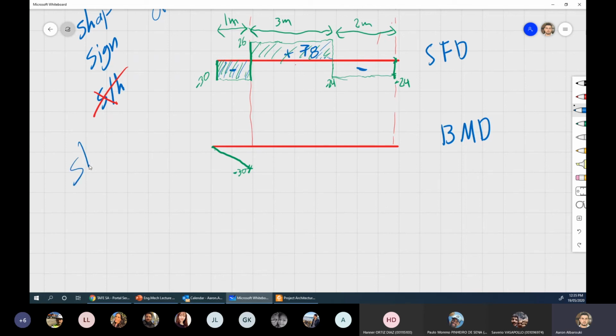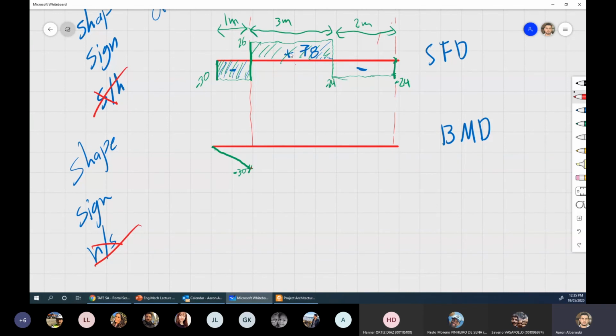The same thing, again: shape, sign, and if I have hogging or sag, which in our case will not apply because our shape is a line. But the shape is a diagonal line because I have a straight line that will produce a diagonal line. Starting from this point here, either I'm going down or up.